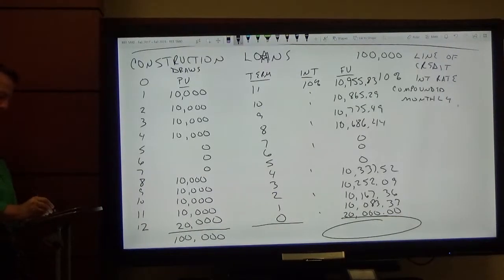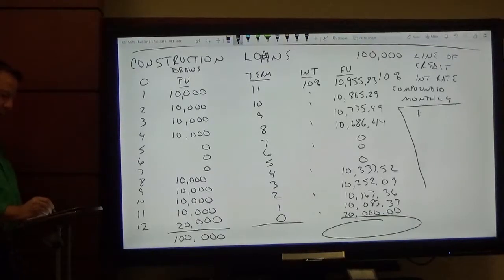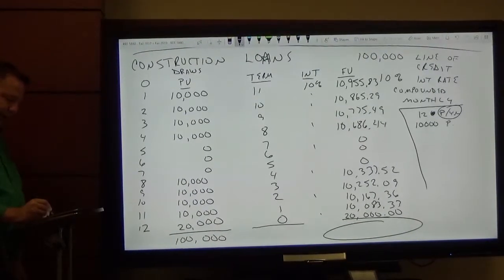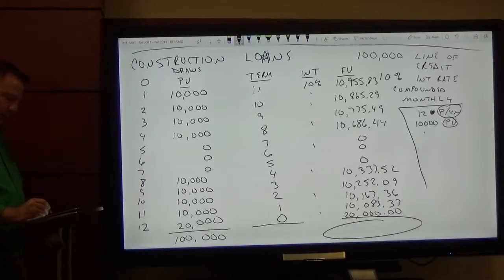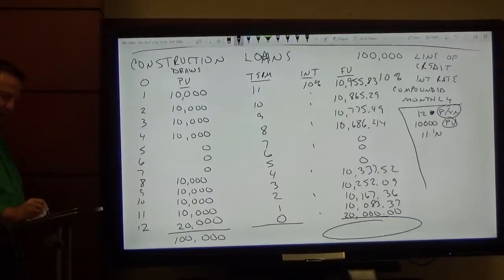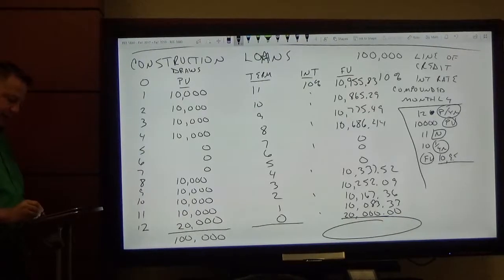So all you're doing for each of these, once again, is 12 payments per year. The first one would be 10,000 as your present value, term of 11 in, not 11 shift in, just 11 in, interest rate of 10%. And then solve for future value, and that's where you would get, in that case, the 10,955.83.